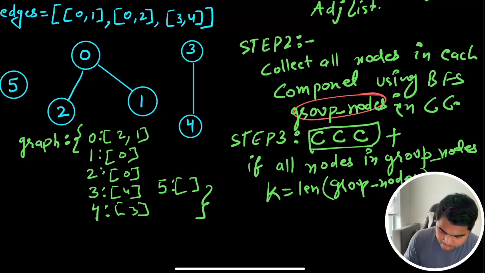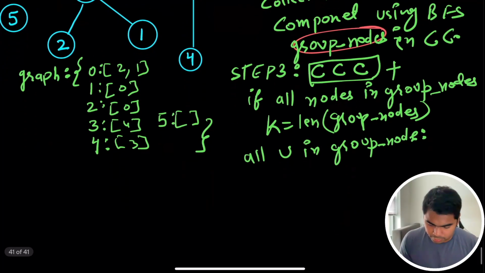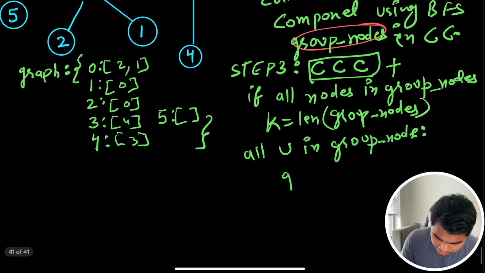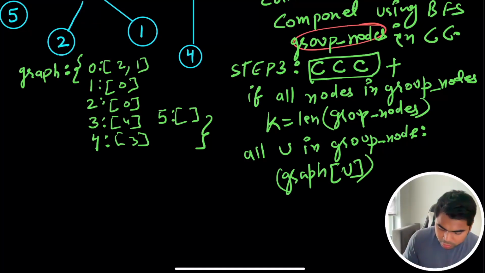This K, basically all U in group, this group of nodes. So if graph of U, the length of this value in this graph, so this will give me all the neighbors of U, and its length has to be equal to K minus 1.